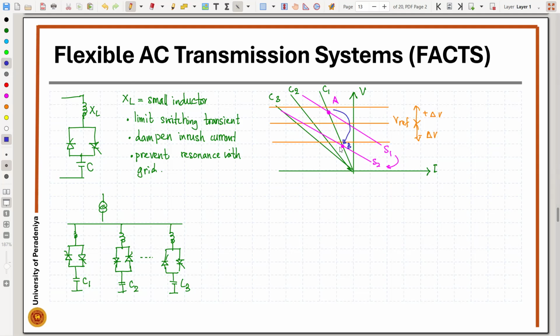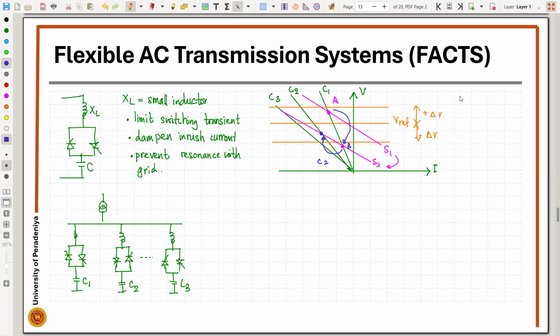Now what we can do is move to this point by turning on the C2 capacitor. So when you turn off C1 and turn on capacitor C2, your operating point will move to here. You can turn on C3 also, then your operating point will move to the point here.